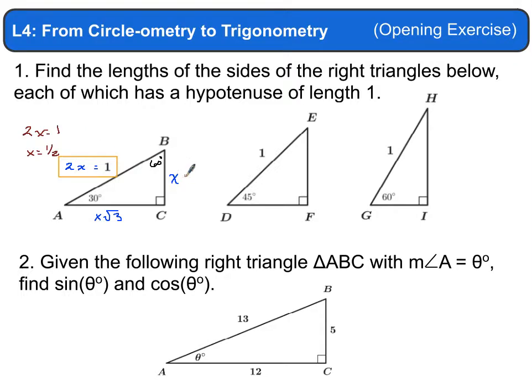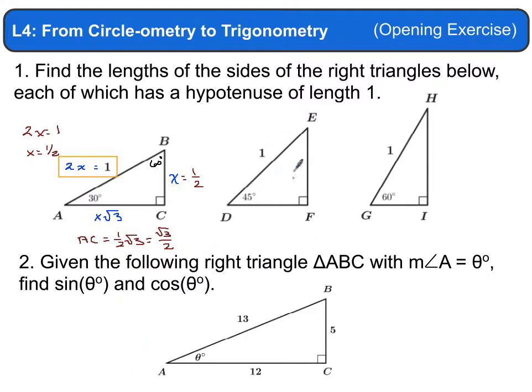Because now I know that this side right here is 1/2, and then this part right here, if I plug an x into here, then I'm going to find out that AC, the side AC, is going to be equal to 1/2 square roots of 3, or you can rewrite that as the square roots of 3 over 2. So these are three important values in terms of what we are looking for in this design.